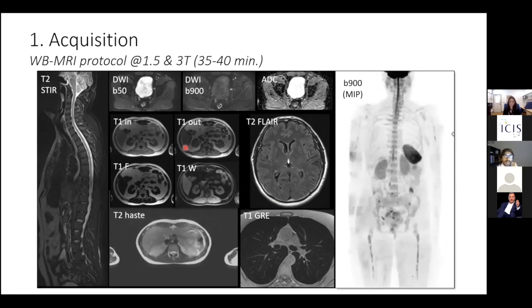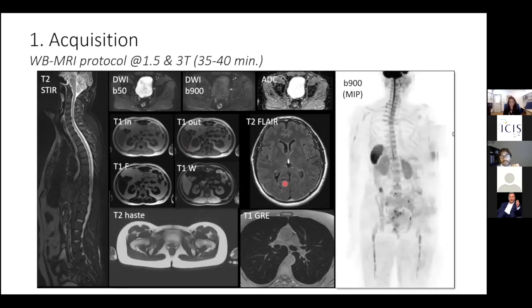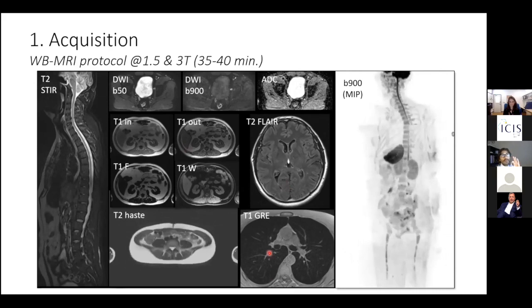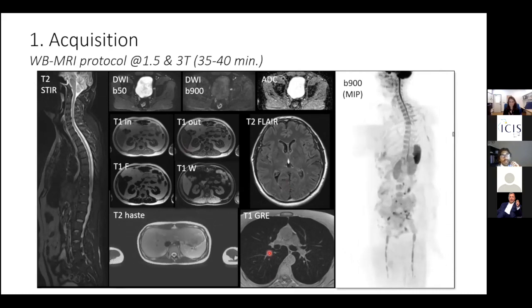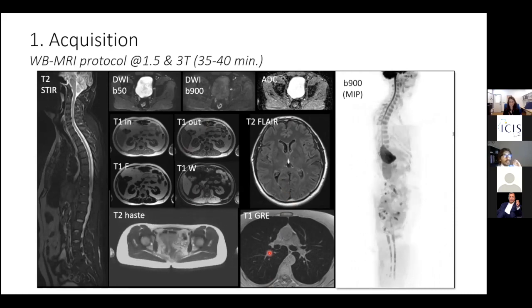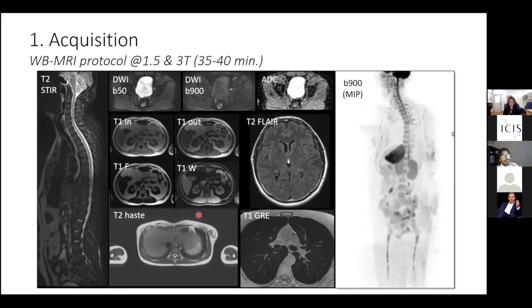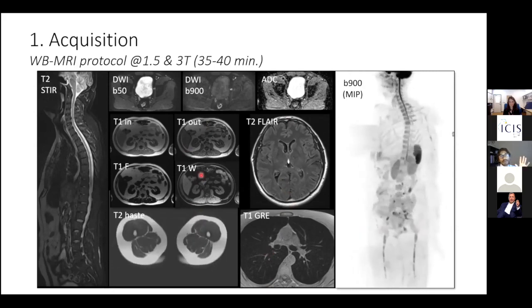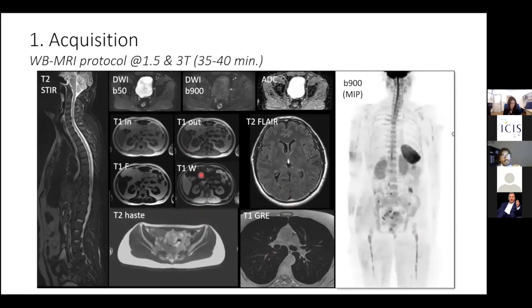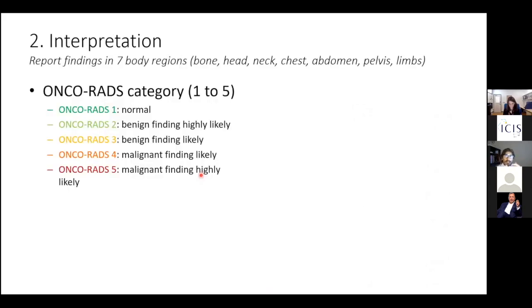We like to add for this screening protocol a T2 FLAIR for the brain and a T1 breath-hold sequence with high spatial resolution for the lung. I can guarantee you that with a good 1.5T or 3T MRI, you can complete the entire protocol in 40 minutes.